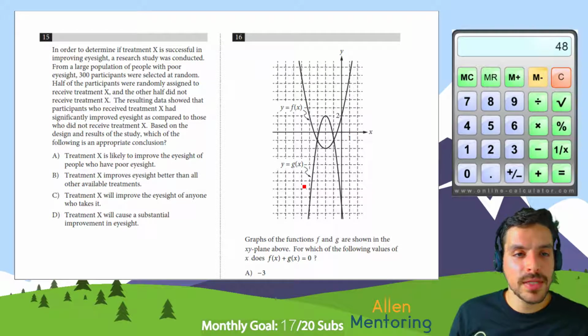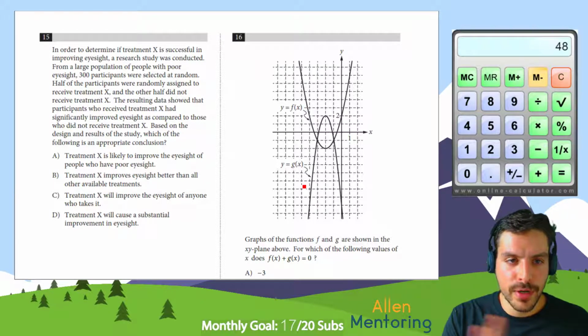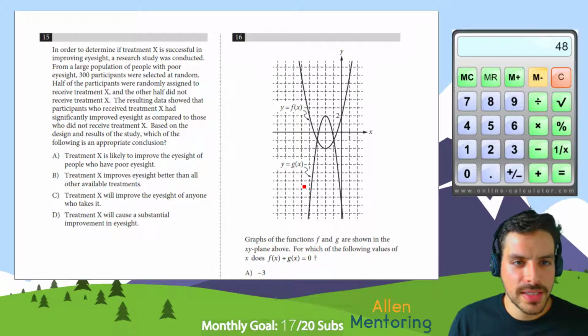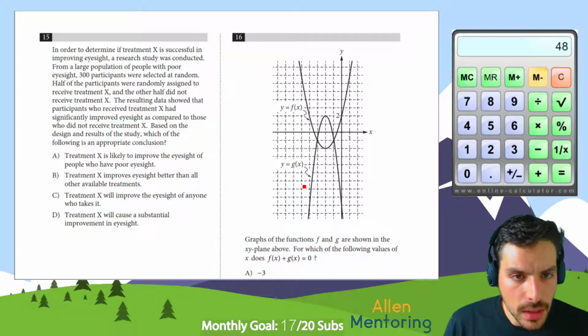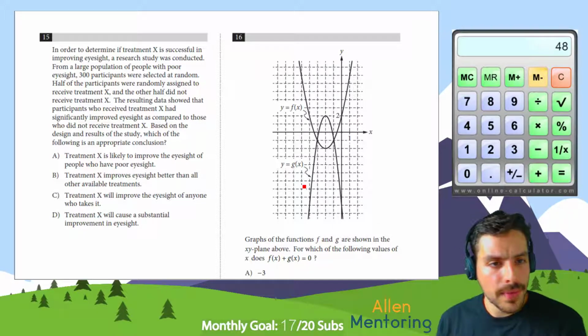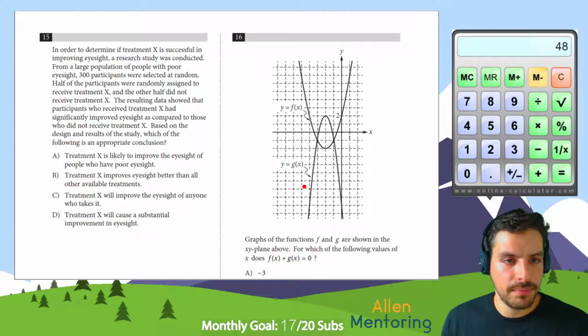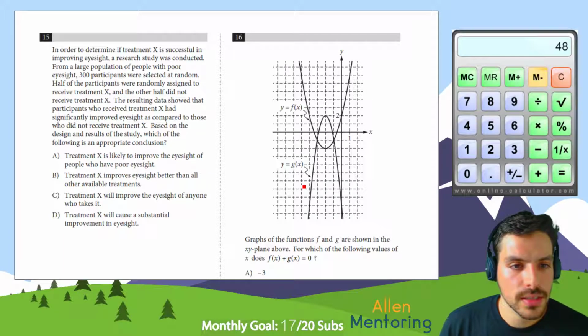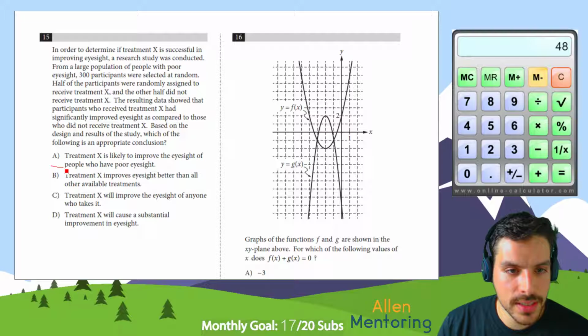Sometimes you see those problems. In this case, it seems that this is 300 participants from a large population, so the sample size is good. I'm thinking this is a legitimate study and that treatment X does help patients improve their eyesight. So A, I'm thinking, is correct so far.